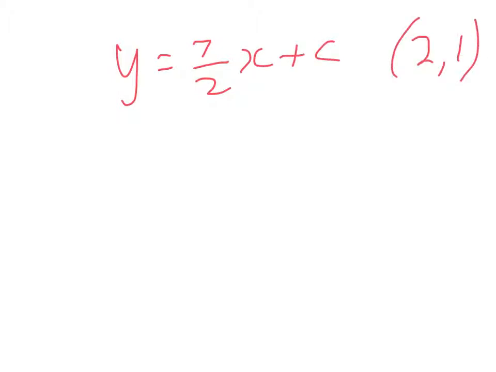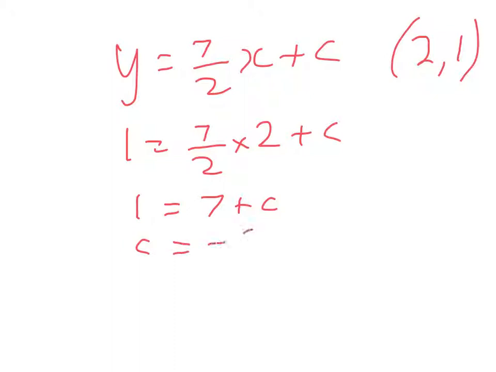So we've got y is equal to 7 over 2 x plus c, and the point is 2, 1. So 1 is equal to 7 over 2 times 2 plus c. So 1 equals 7 plus c. C equals negative 6. So my equation should be y is equal to 7 over 2 x minus 6.